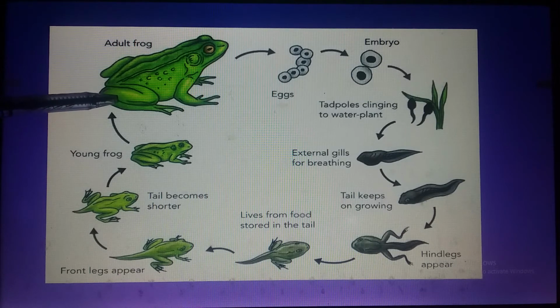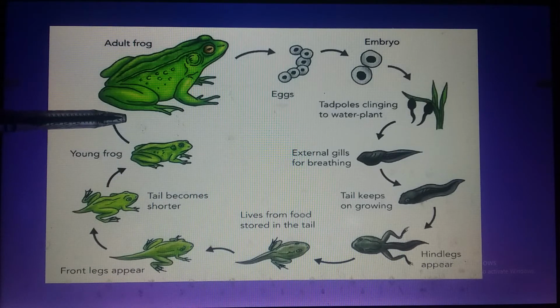Is it clear? This is the adult frog. No tail, it just possesses the forelimbs and hind limbs for jumping, for moving, and for capturing the food and many more. So these are the metamorphosis stages.